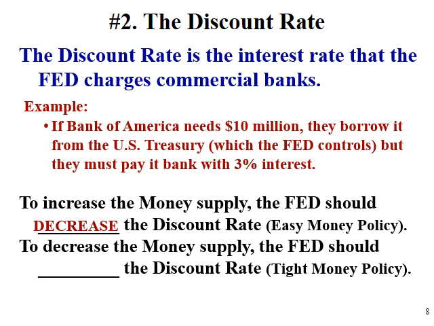So if the discount rate drops, what they're really saying is it's now cheaper to borrow money from the Federal Reserve. If we want to decrease the money supply, that contractionary monetary policy, then we want to increase the discount rate. Instead of expansionary and contractionary monetary policy, you'll sometimes hear easy or tight money policies.